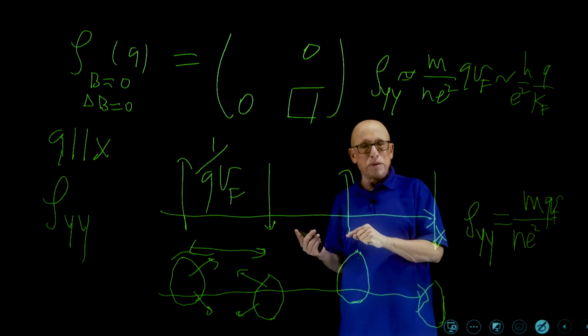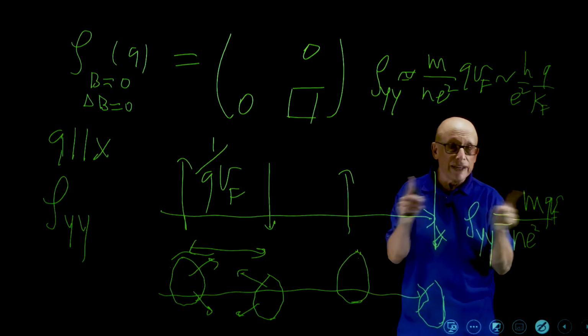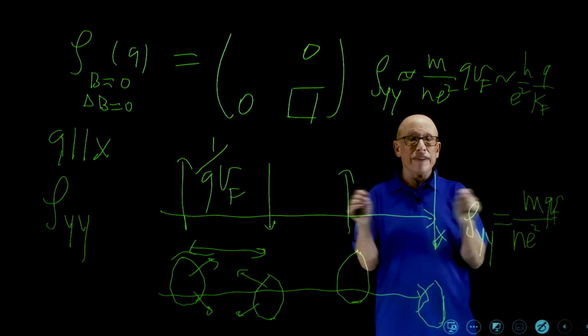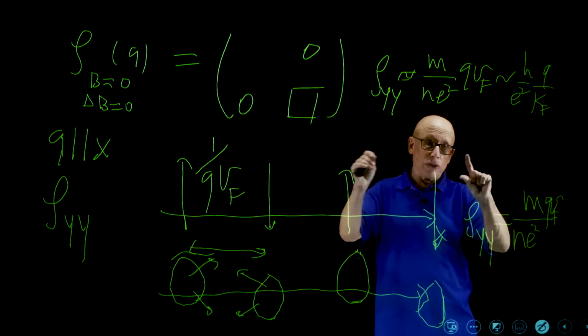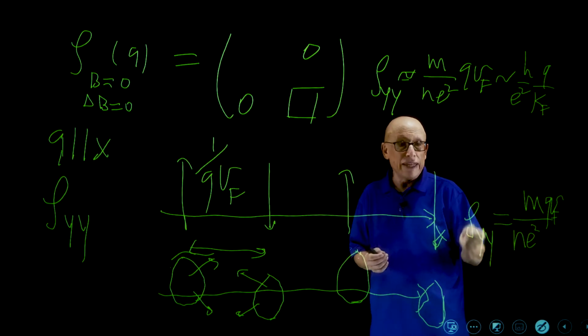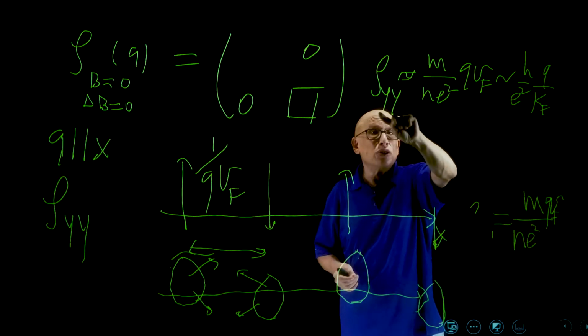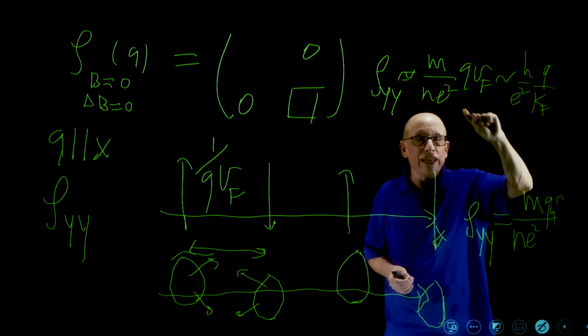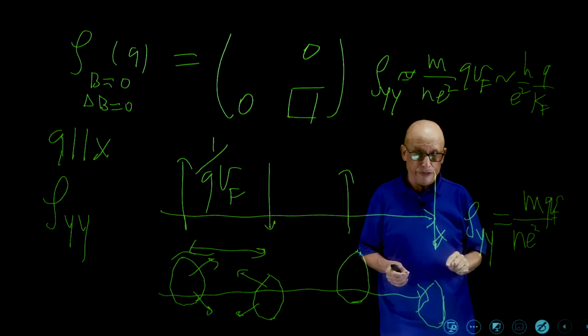Now, we already said before that the longitudinal resistivity of the electrons and of the composite fermions are the same, because what differs between the two is the Hall resistivity. So this is also rho yy of the electrons at nu equals 1/2.